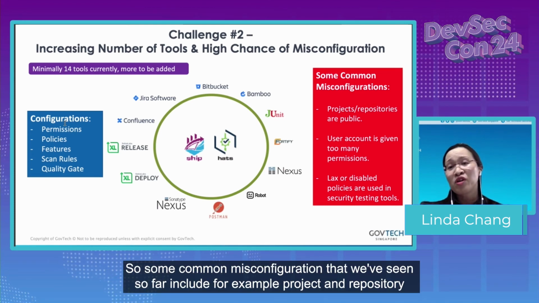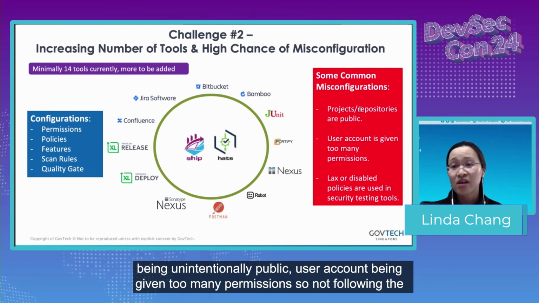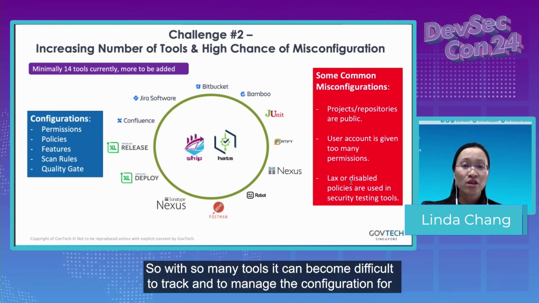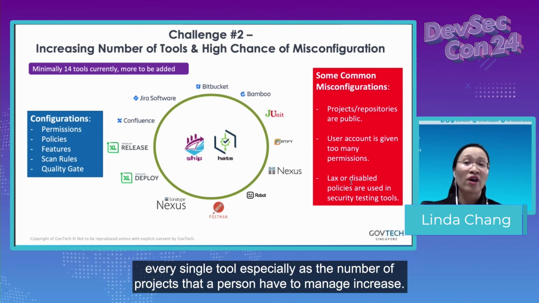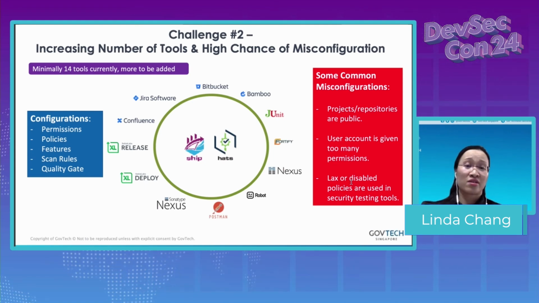Some common misconfigurations that we have seen so far include projects and repositories being unintentionally public, user accounts being given too many permissions or not following the principle of least privilege, or lax or disabled policies in the security testing tools. With so many tools, it can become difficult to track and manage the configuration for every single tool, especially as the number of projects that a person has to manage increases.